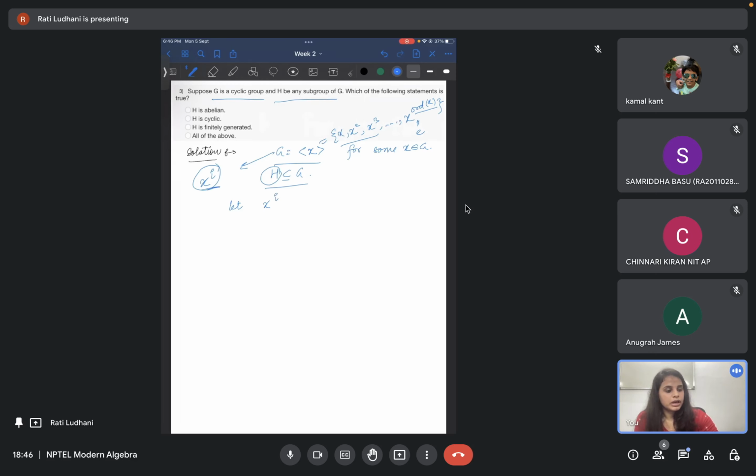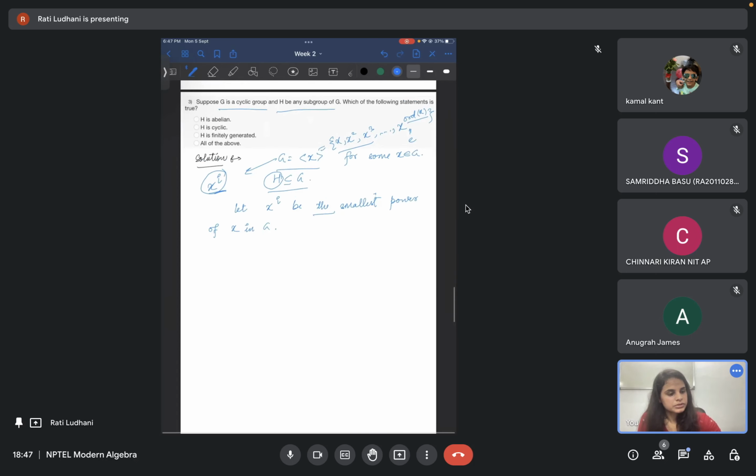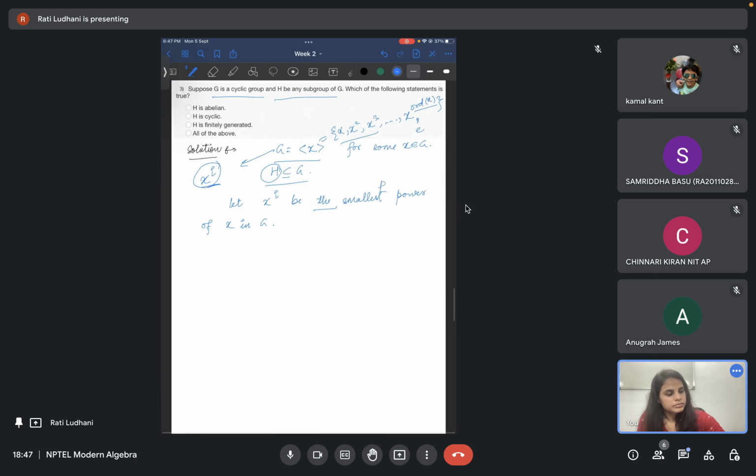Let x raised to power i be the smallest positive power of x in H. I can say, no doubt, because this must be some unique element, right? This is the smallest power, and I'm talking about positive ones, okay? So this is the smallest one.